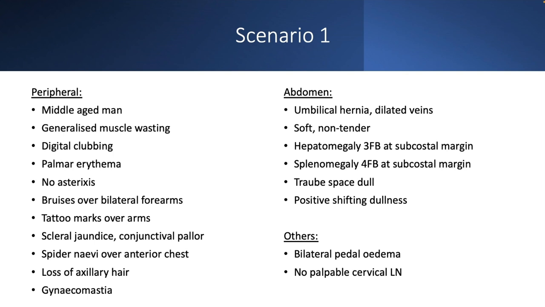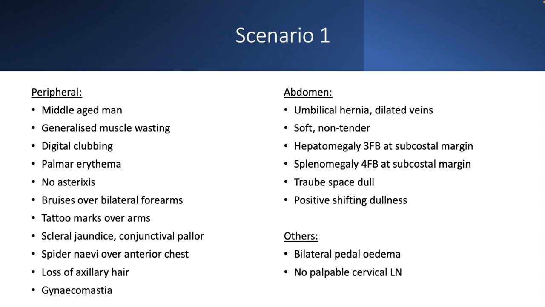Cell count and culture. How do you manage this patient? For management of this patient, I'll divide it into non-pharmacological and pharmacological. Non-pharmacologically, firstly, we educate the patient about his condition, and then it will be a multidisciplinary team approach.